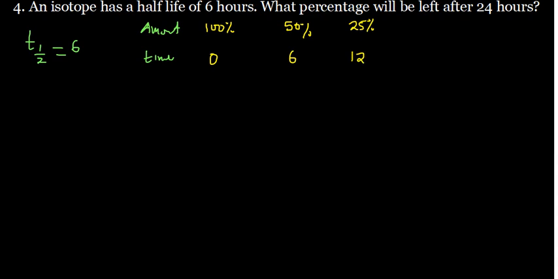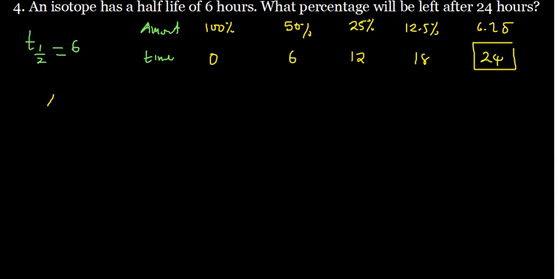Then divide by 2, that will be 12.5%, and then this is going to be 18. Again, divide by 2, that is going to be 6.25. 18 plus 6, that is going to be 24. So after 24 hours, the percentage that will remain is 6.25. That is the answer.